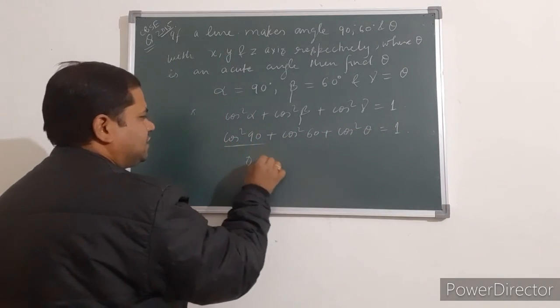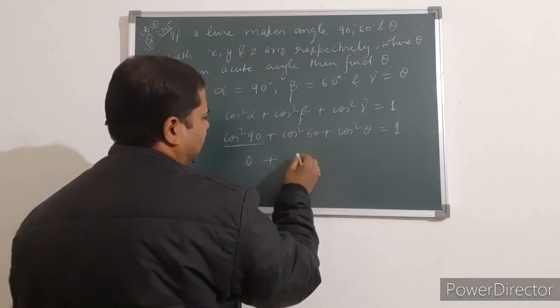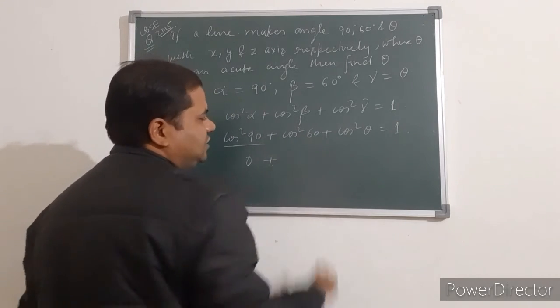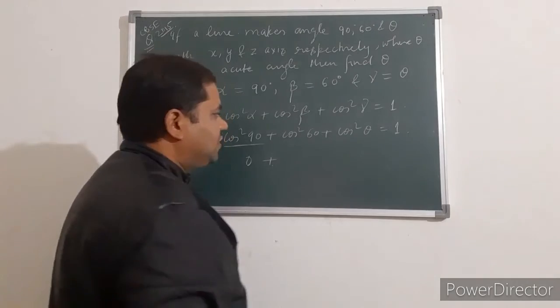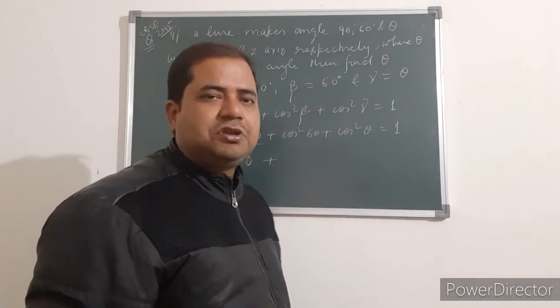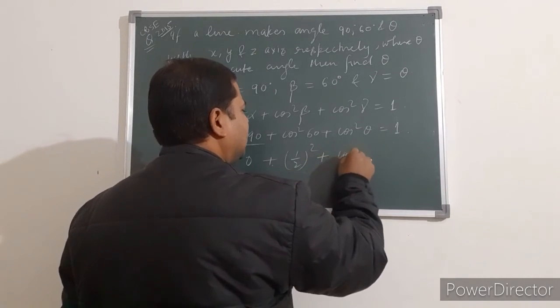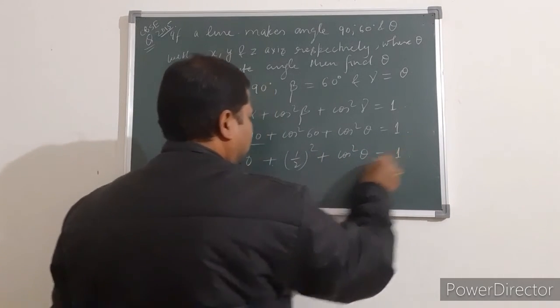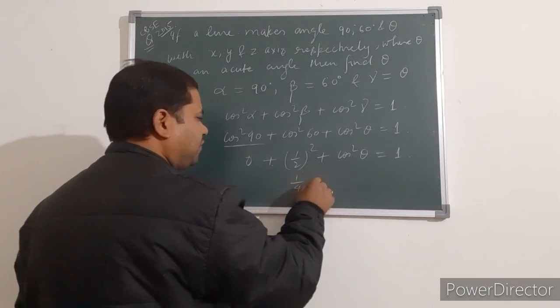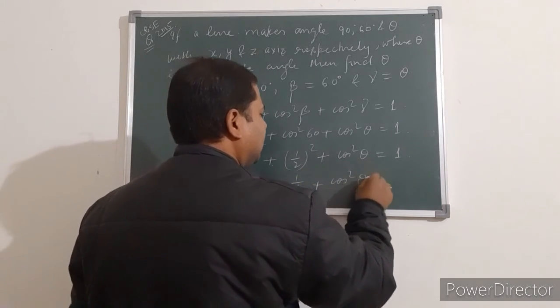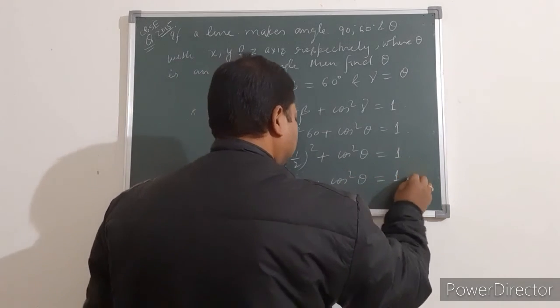Cos square 90 is 0. Cos 60 is 1 by 2, so cos square 60 is 1 by 4, plus cos square theta equals 1.